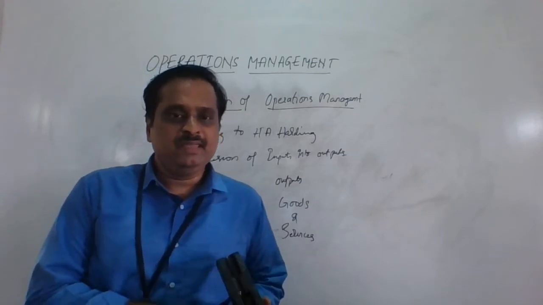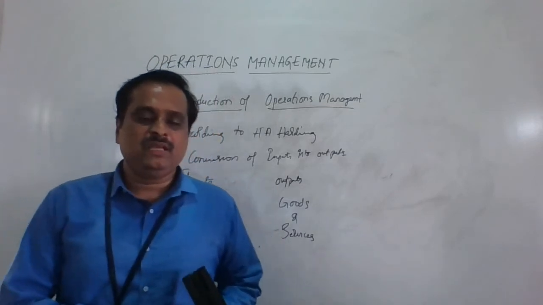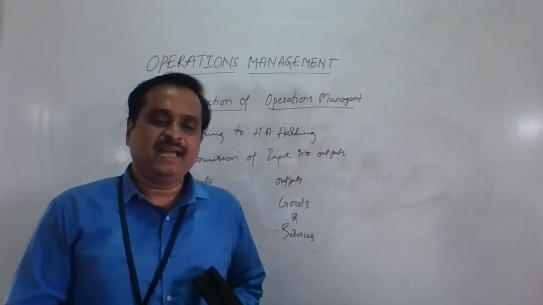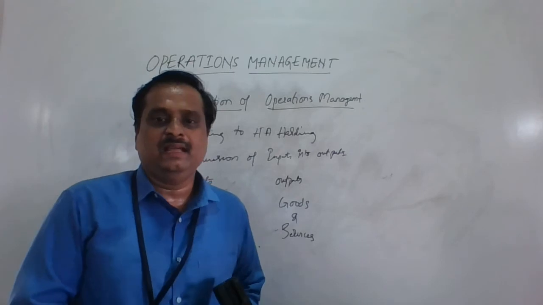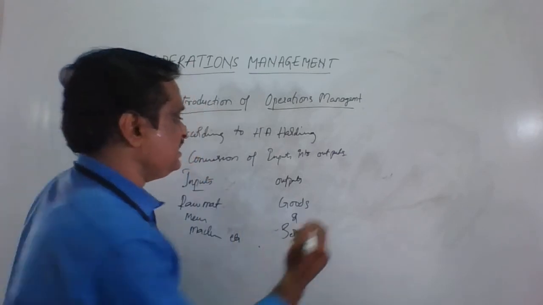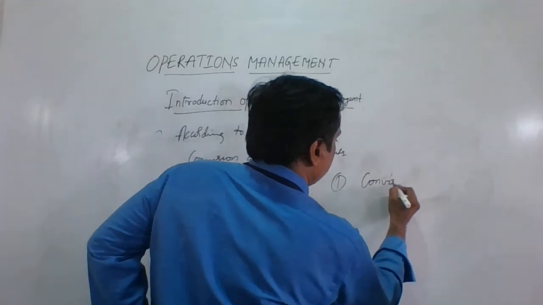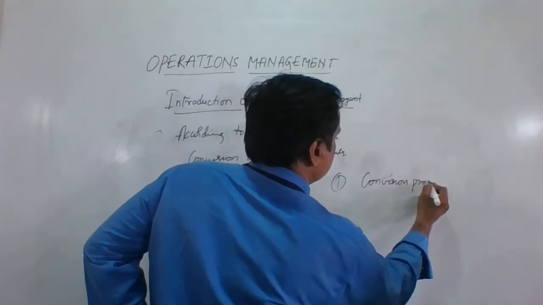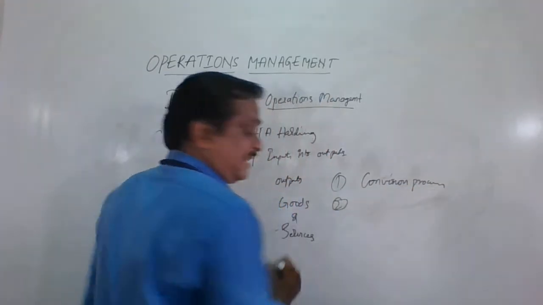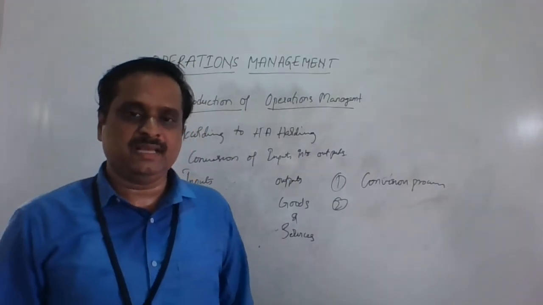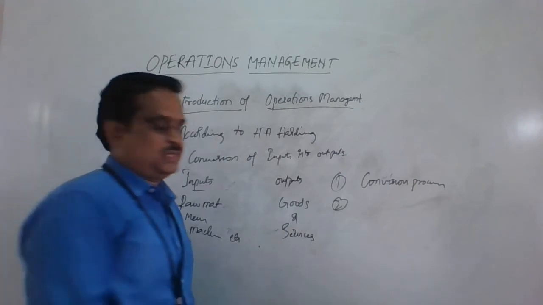So in this definition, he brings out the following three aspects. The first one is that it is concerned with the conversion processes. The second important aspect he has given is that various resources are the inputs.